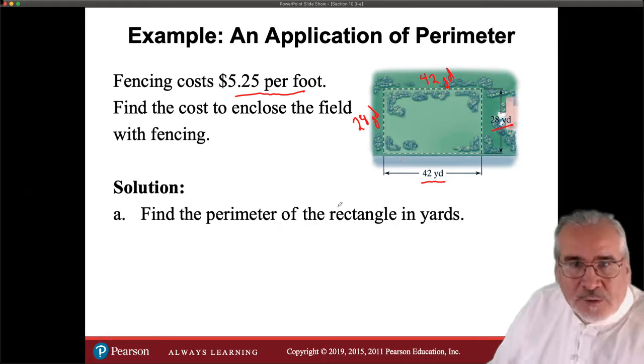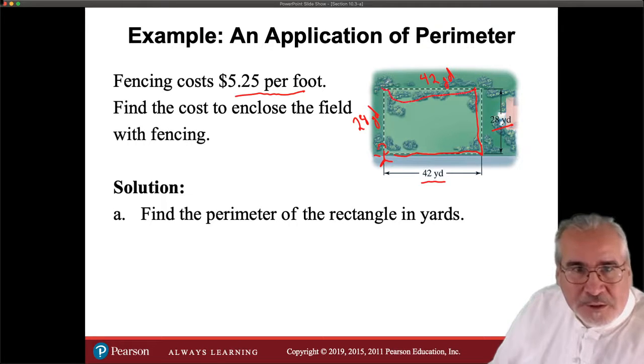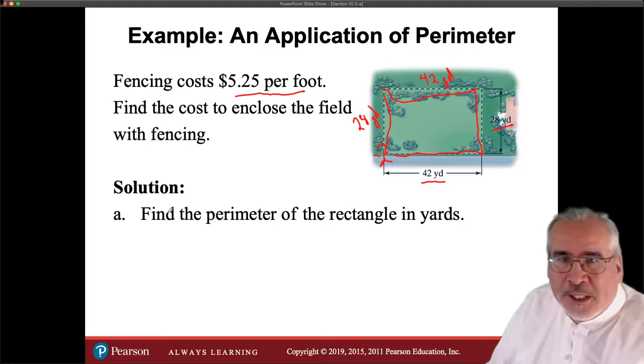Okay, so find the perimeter. Well, if you were just going to take a walk around your property here, how far would you have to walk? You'd walk 42 yards. Then you'd walk 28 yards. Then you'd go another 42 yards, if you didn't meander like I did. And then you'd go another 28 yards, so you got back to the beginning.